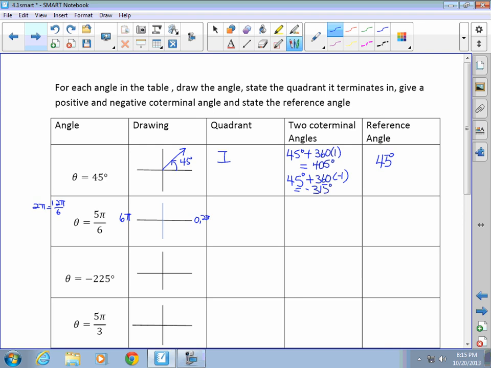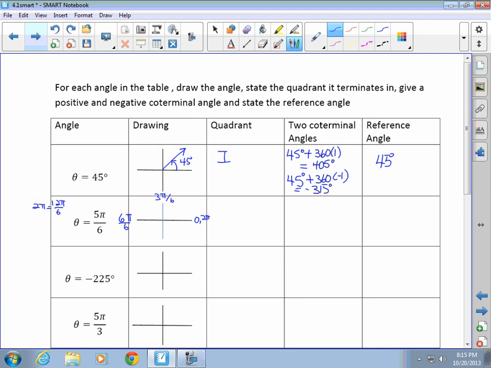No, that's wrong. Sorry, I had a little pause there. No, I had it right. It was 6 pi over 6, because that would be 1 full. 6 pi over 6 is the same as pi, so halfway here would be 3 pi over 6. I was forgetting my denominator there.